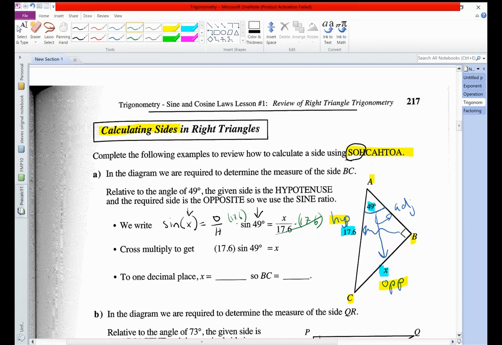So in your calculator, you would just put in 17.6 multiplied by sine 49. And it will spit out your answer, which is 13.3. So that means that opposite side, side BC, is 13.3.